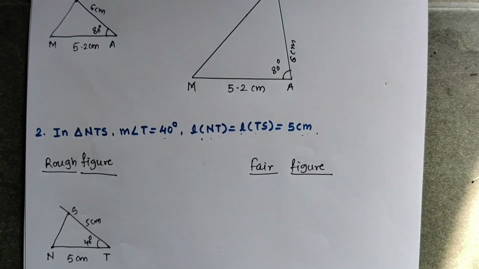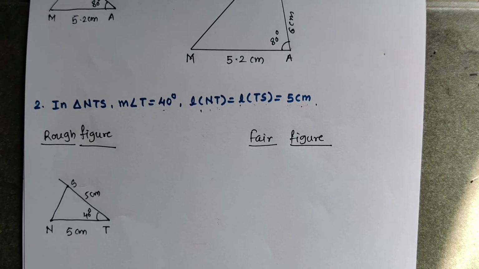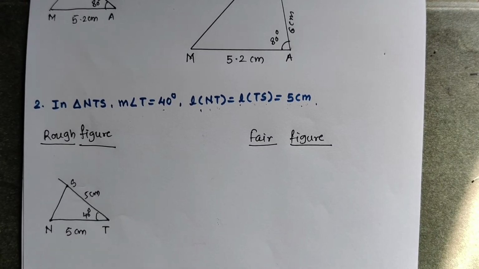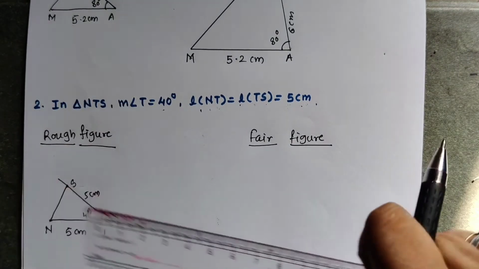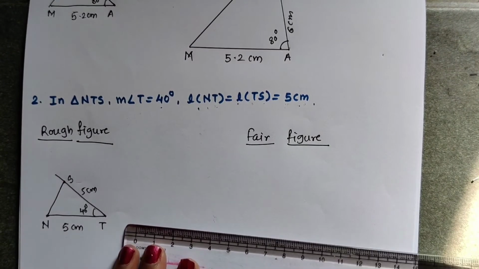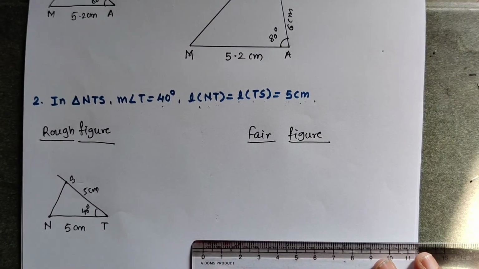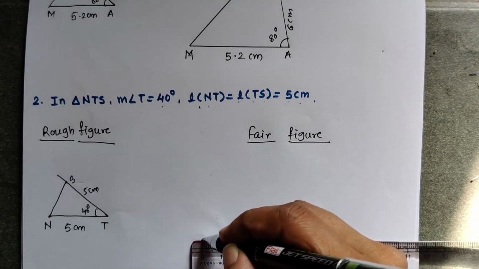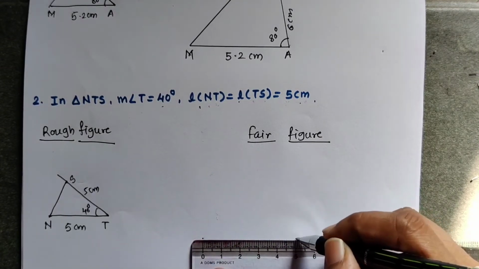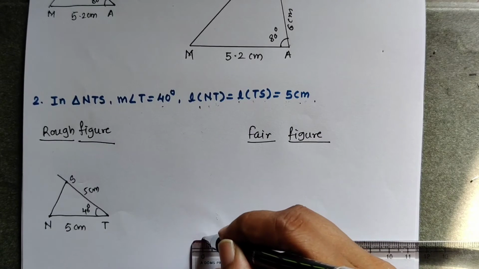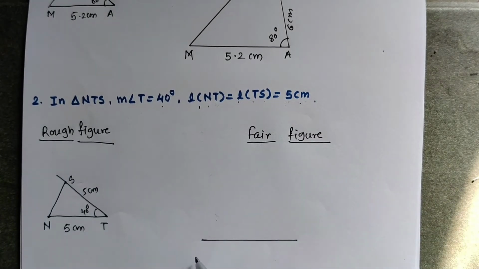So first we will be drawing this NT as the base side, which is 5 cm. Zero to 5, segment NT of length 5 cm.